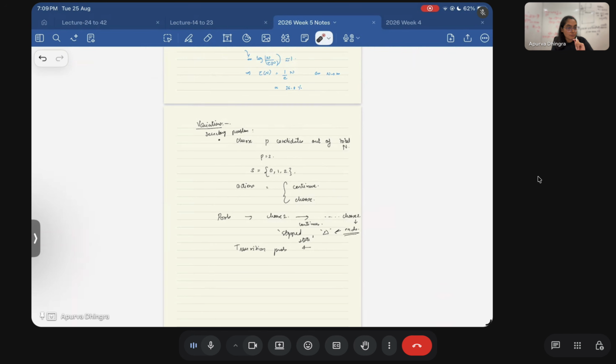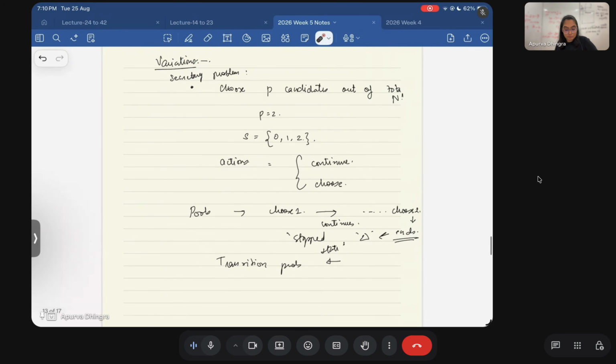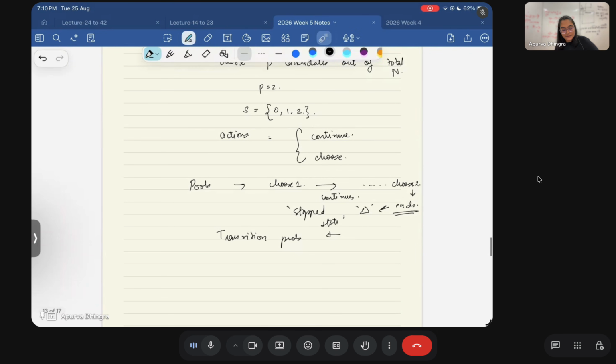Here, there's one more catch. We have not said anything about what happens if nobody is chosen. So you could go till the end and choose nobody. That is something the interviewers could do.